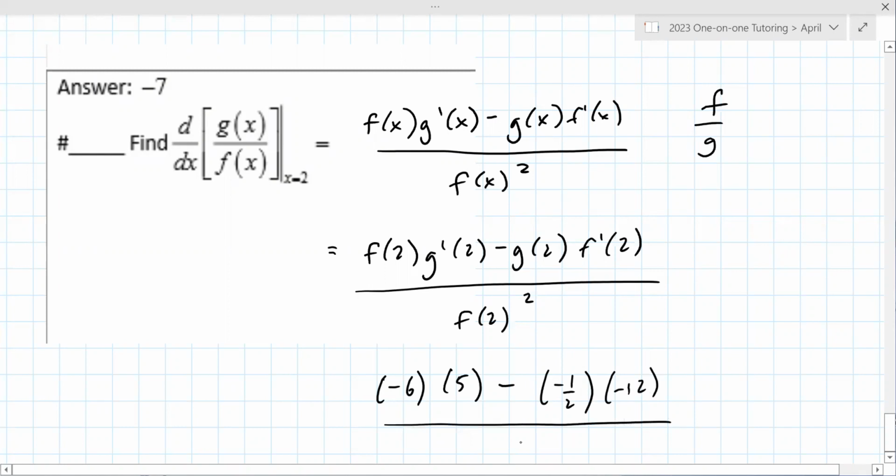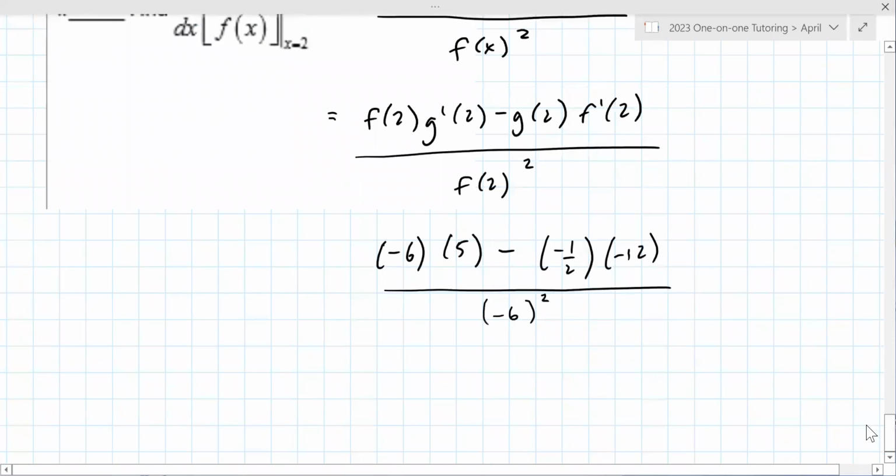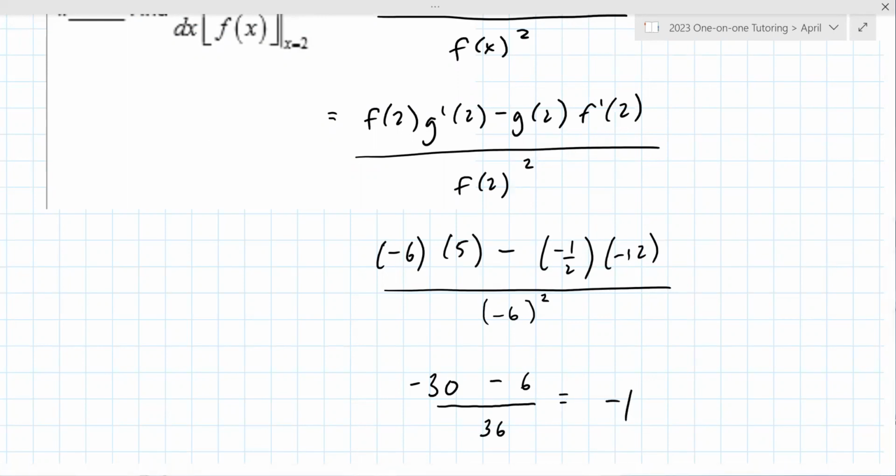And f prime of 2 equals -12. And then f of 2 equals -6. That's -30 minus 6. For a positive. Would it be -1? Appears to be -1. Yeah. Okay, so it's the first page, bottom. As predicted, chain rule.